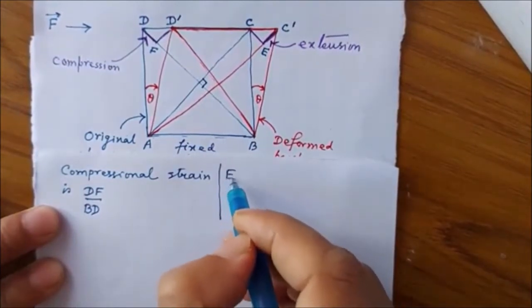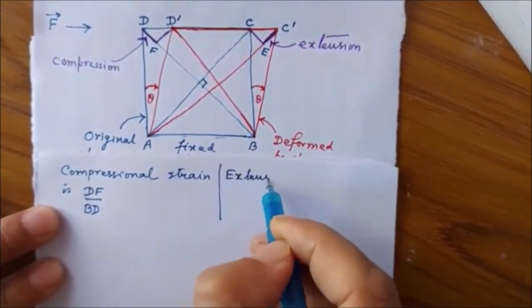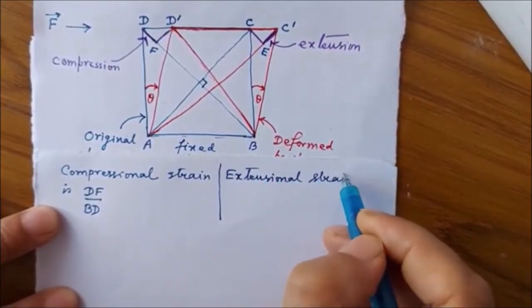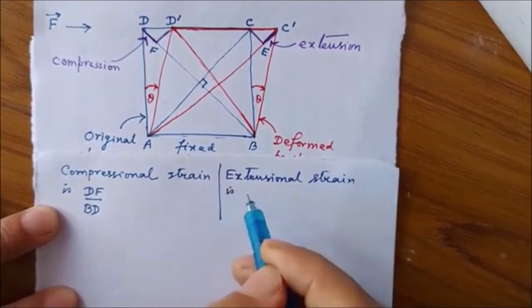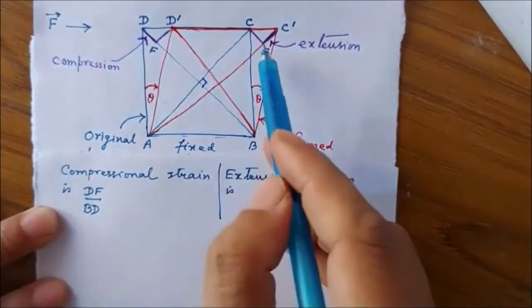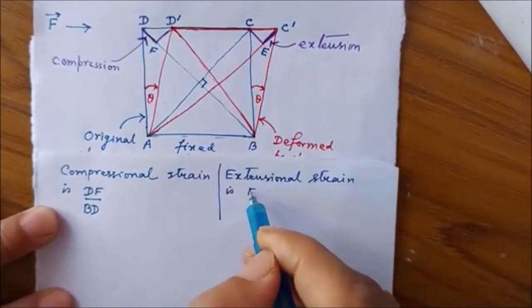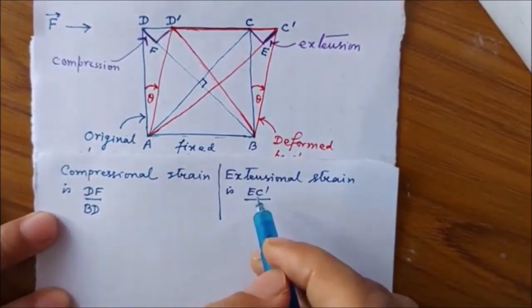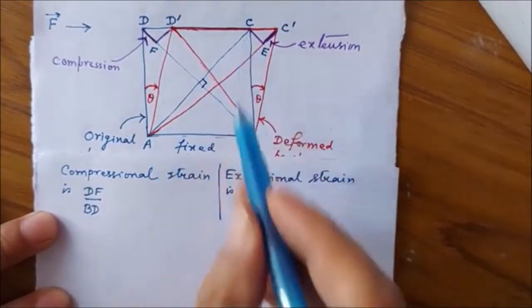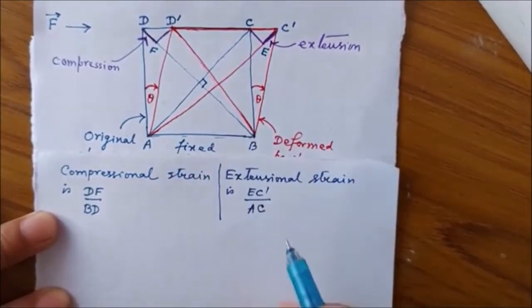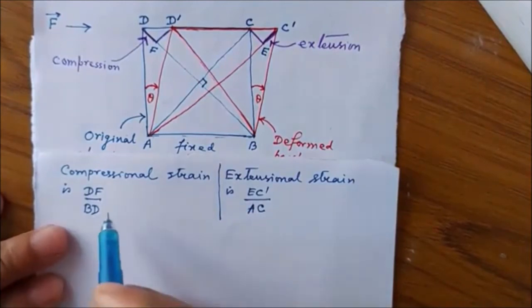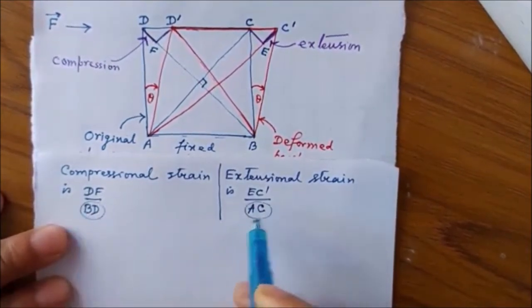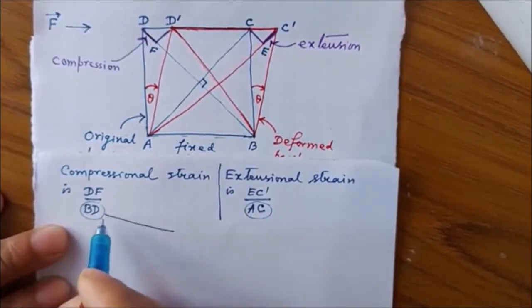And the extensional strain is the amount of elongation or extension, EC prime, and this strain has been suffered by the diagonal AC. So the original length is AC. We here note that this BD and AC are mutually perpendicular.